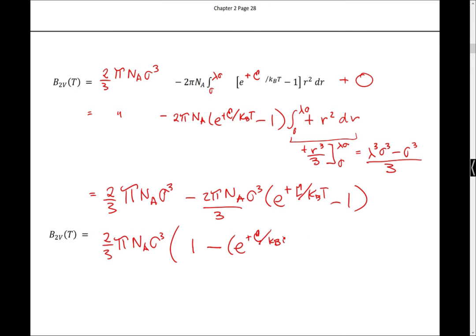I'm trying to go too fast, which means I'm basically messing things up. I left out lambda cubed minus 1, because when I pull sigma cubed out in front of this, I'm left with lambda cubed minus 1.